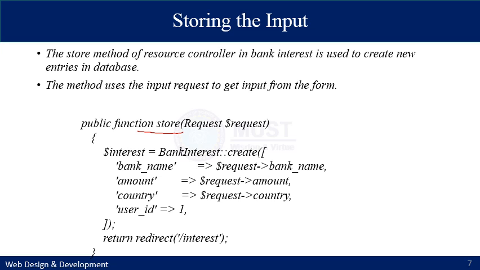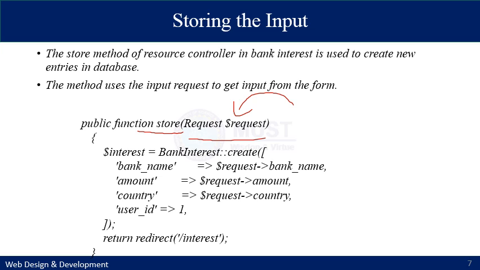So if your database is set in the environment and config database.php file, this method uses the input request to get input from the form and then post this request input to the database server. When we created the Illuminate\Http\Request object, we can pass this object into the store method using the $request object.